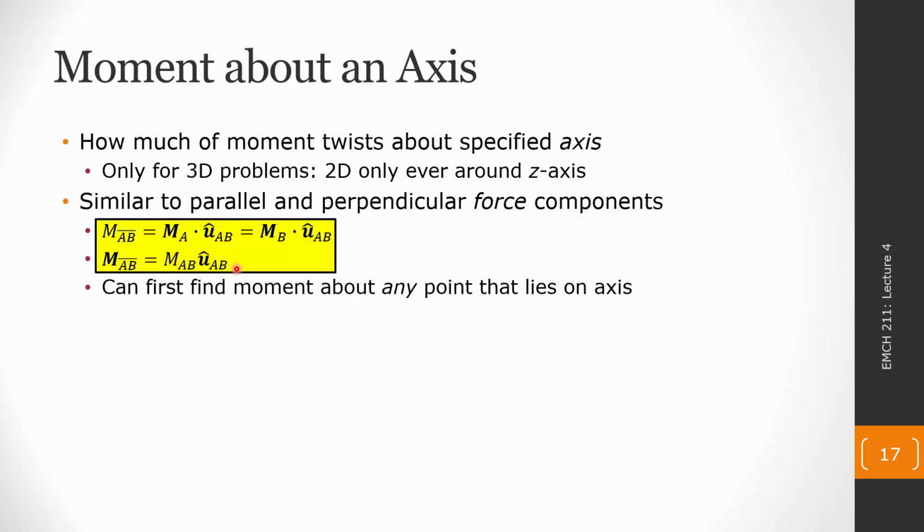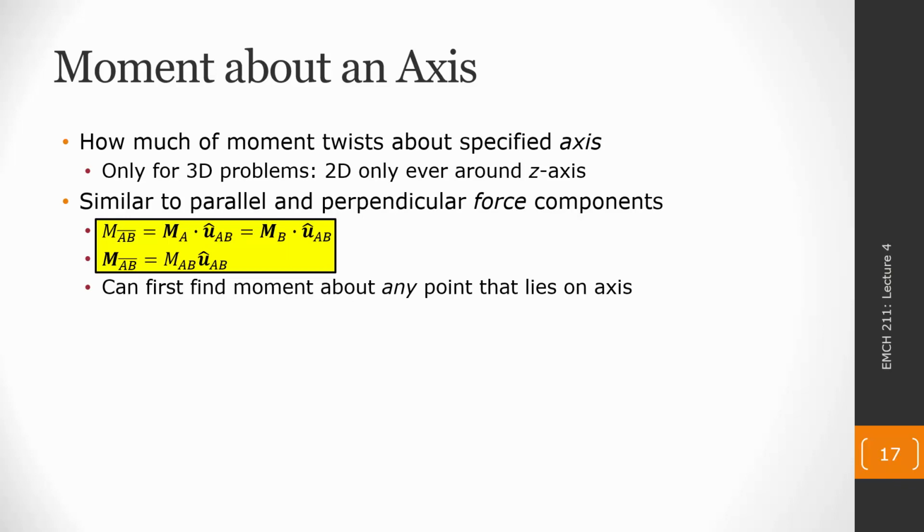So we're taking a scalar times a vector, and now we're getting the vector expression for the moment around that AB axis. And again, I want to emphasize that we can use the moment around any point that lies on the AB axis for that moment calculation. So even though the moment about A and the moment around B are different, when we dot them with the direction, they always will give us the same result.